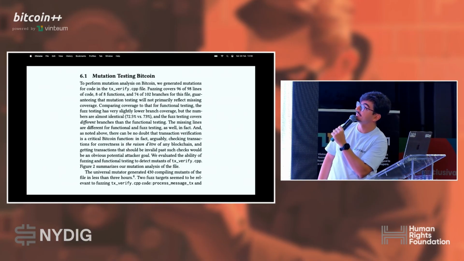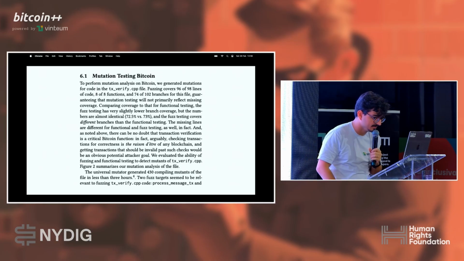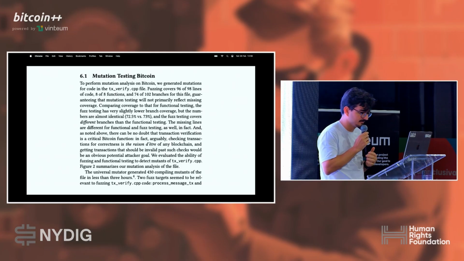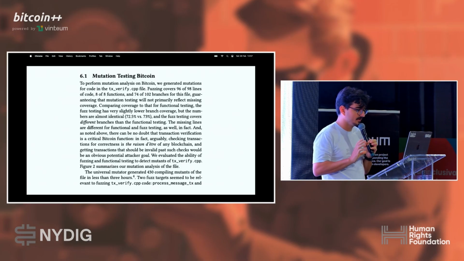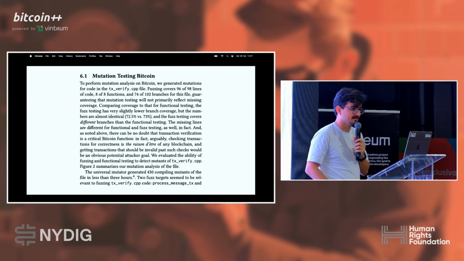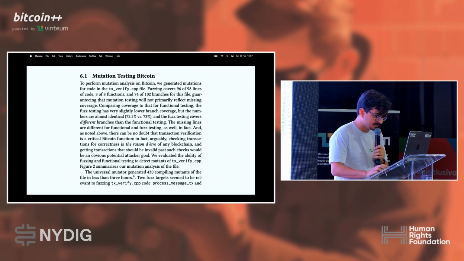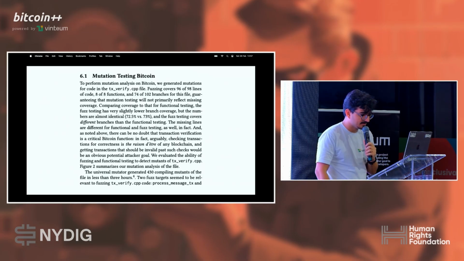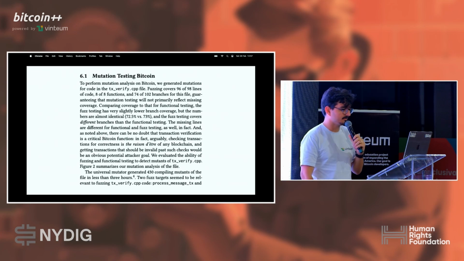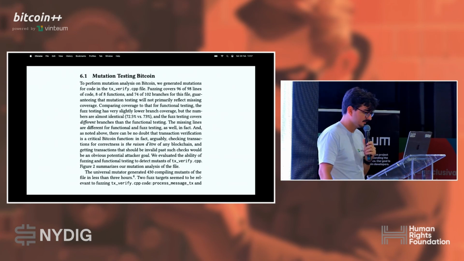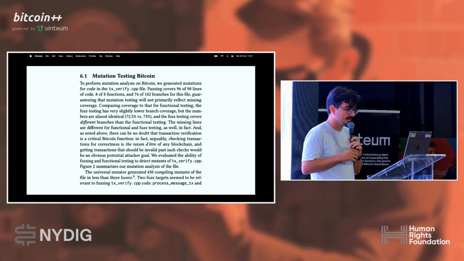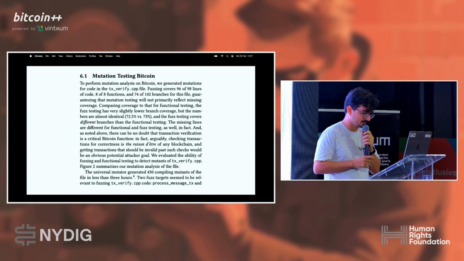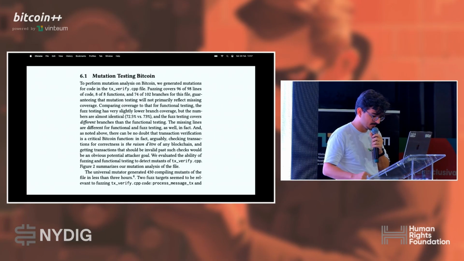So they employed mutation testing, and you can see that functional tests could get like 73% of the mutants, and there's a difference between what unit tests and functional tests can catch. Here they used a tool called Universal Mutator. It generated like 430 compilable mutants for this file, and then they also ran two fuzz targets, process message tx and another one.